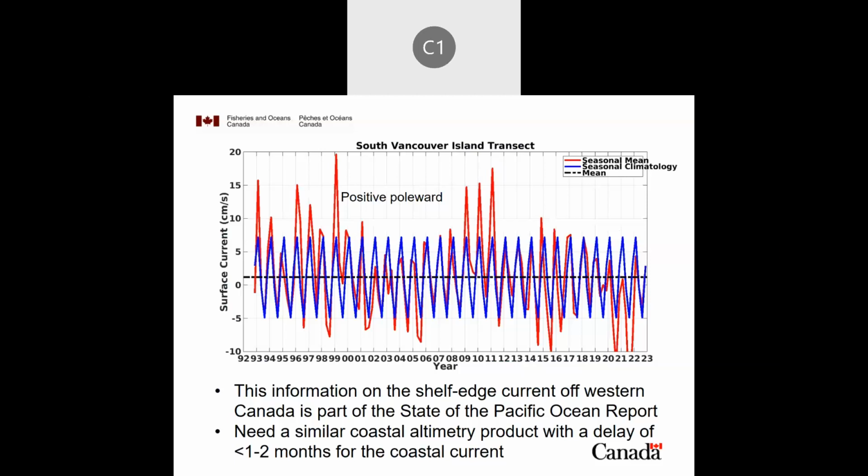This slide shows the results from 1993 to 2022, and you can see in the last few years, the currents off West Vancouver Island are mostly more equatorward. This is during the consecutive 3 La Nina years.